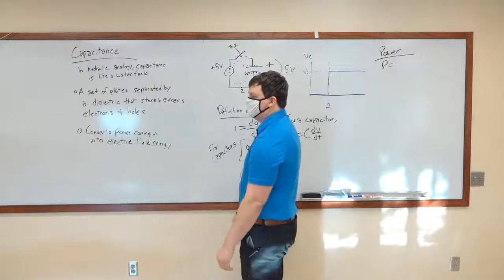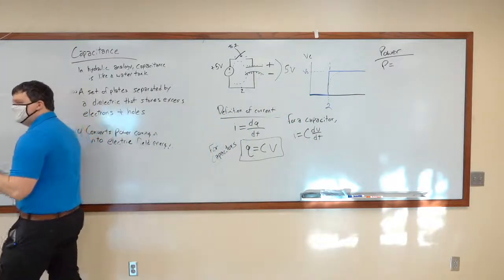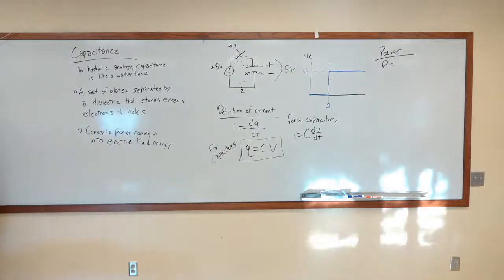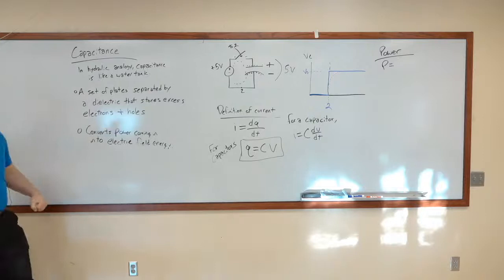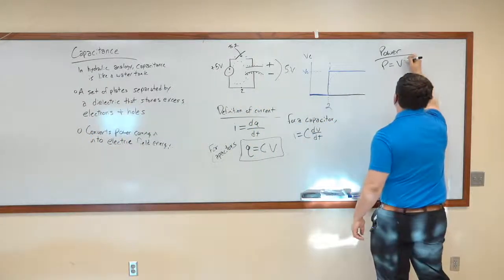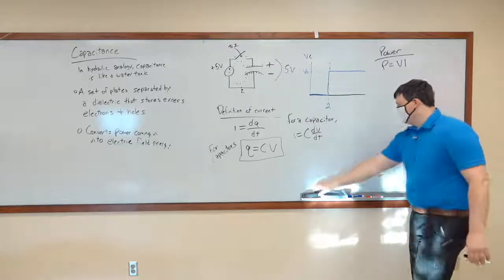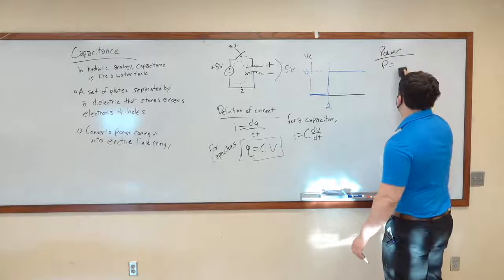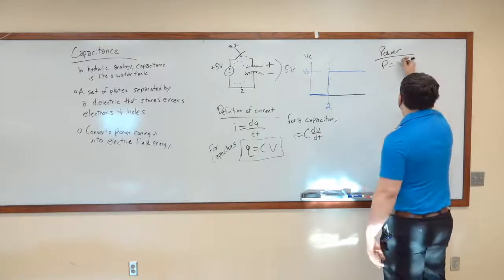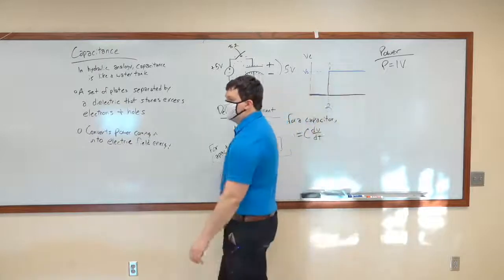Anybody remember? I gave all of these formulas second day of class. Voltage times current. P equals VI, or PIV. People like calling it PIV. In fact, I'm going to write it that way because that's how people remember it. Power equals current times voltage.